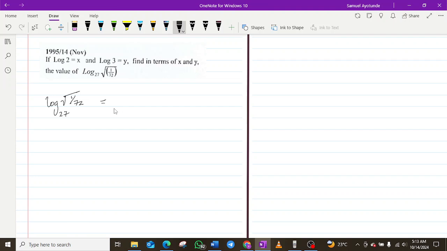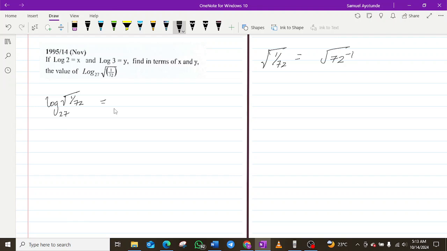Okay, we have a lot of simplification to do here. So we start with 1 over 72, the square root of 1 over 72. I can write that as the square root of 72 raised to the power minus 1, from one of the laws of indices.